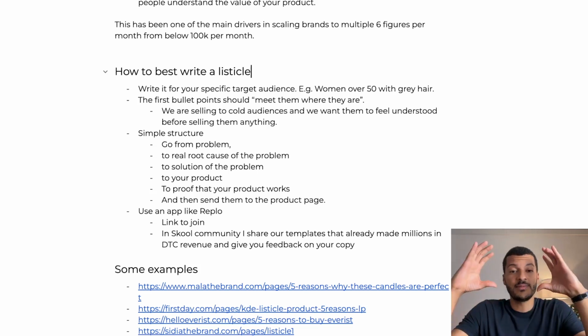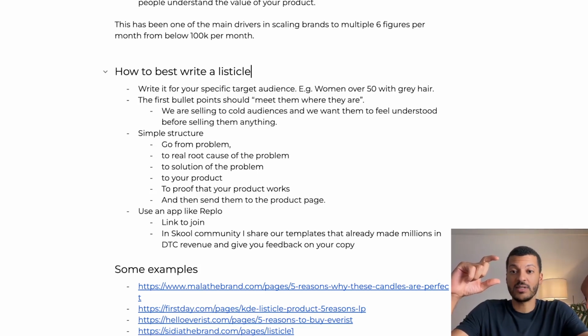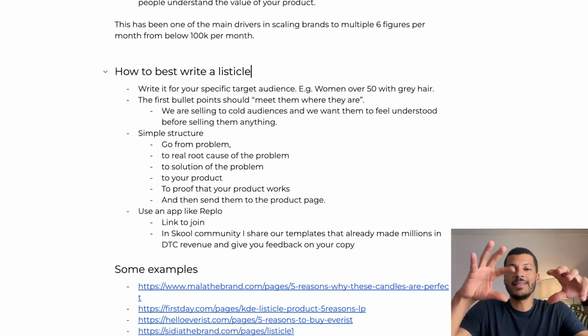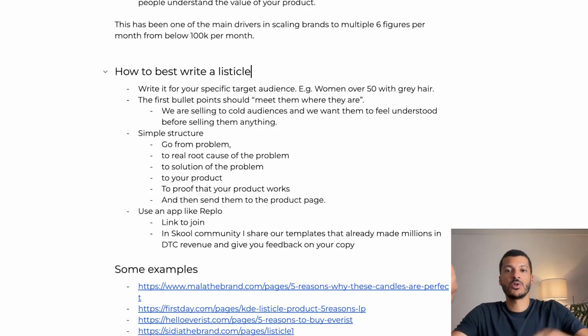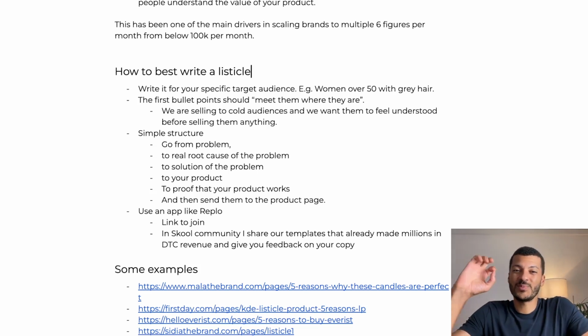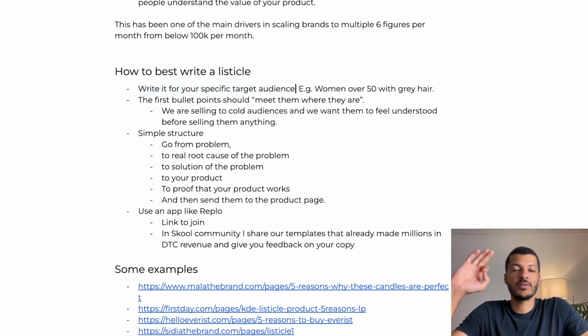Then you would send them to a listicle that is specifically written for this target audience and how to overcome the pain point of having, I don't know, frizzy hair over 50 or a very dry scalp, and then send them pre-educated to a product page, right? So write it specifically for someone. Don't do general listicles. Now, the first bullet point should always be: meet them where they are, right?